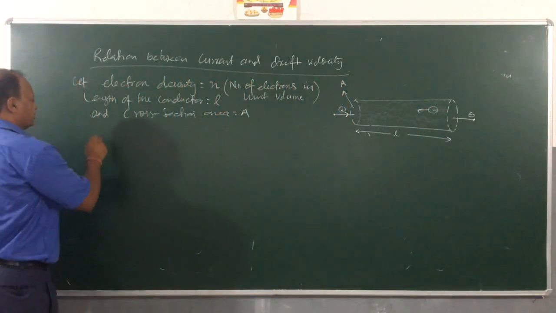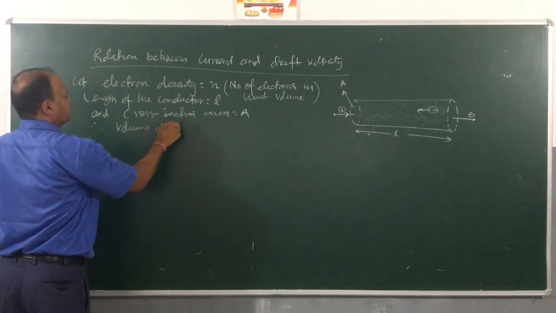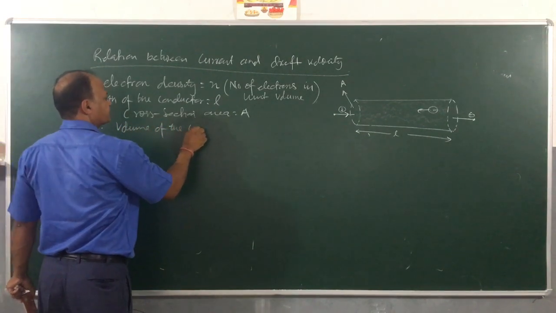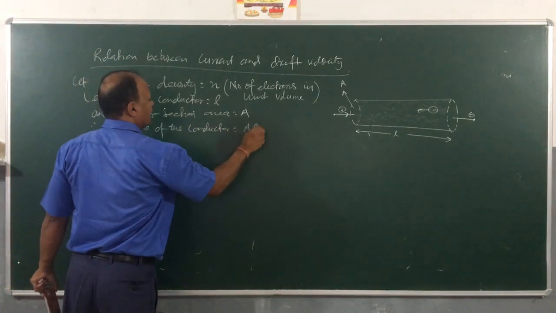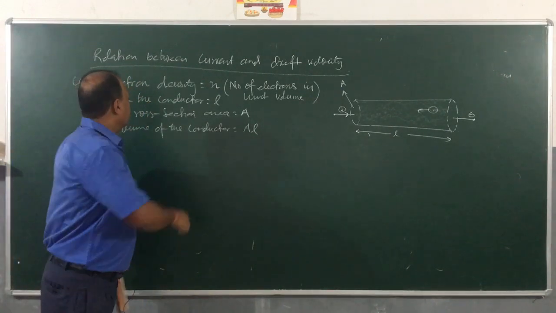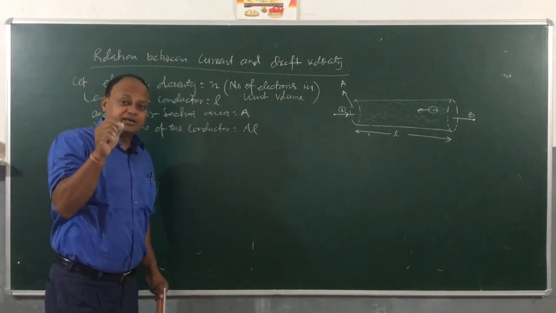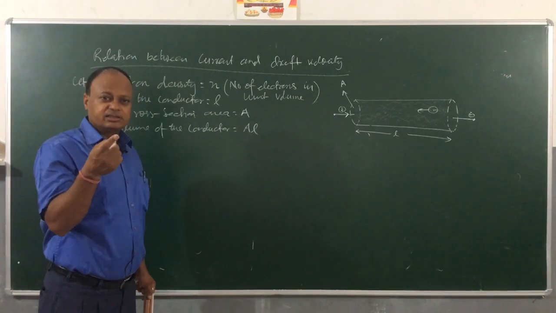So therefore, the volume of the conductor equals area into length. Now here I want you to remember that electron density is n, meaning when volume is 1, then n electrons are there.